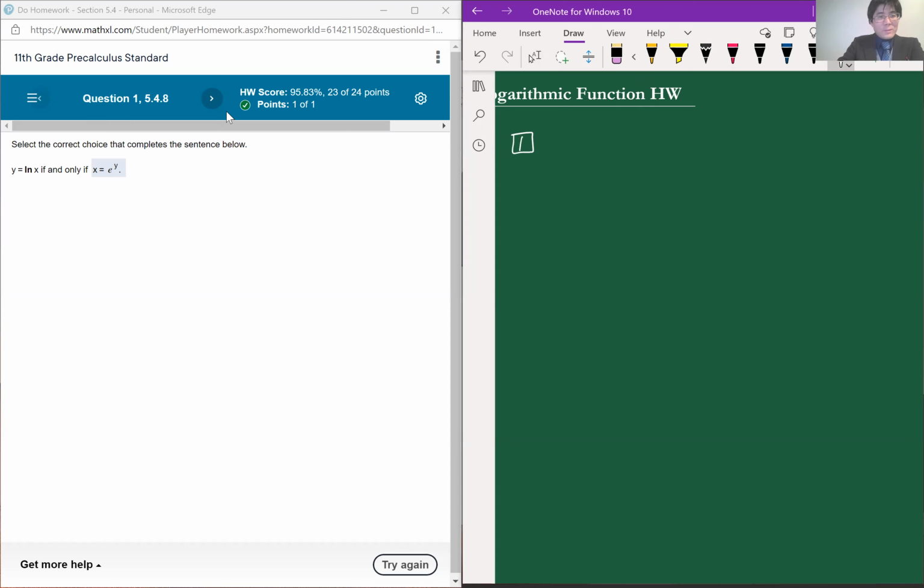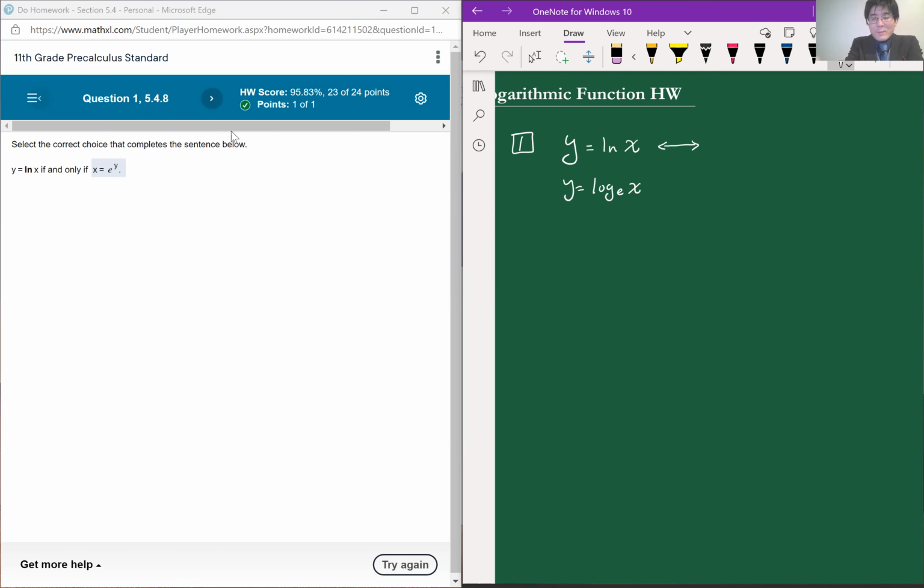Select the correct choice that completes the sentence below. So y is equal to natural log of x, and this can be rewritten as, so natural log is the same thing as log of base e of x.